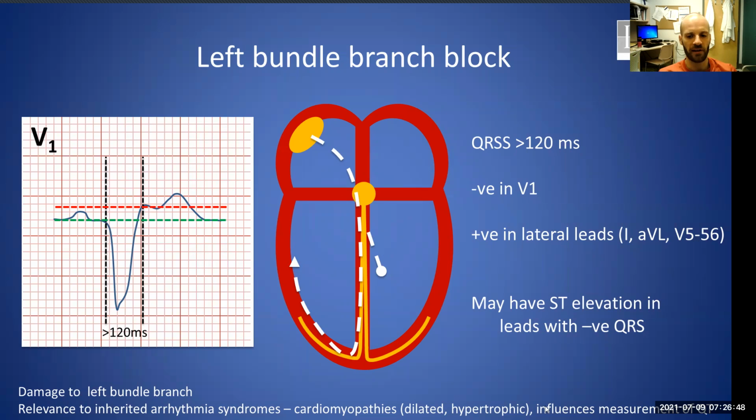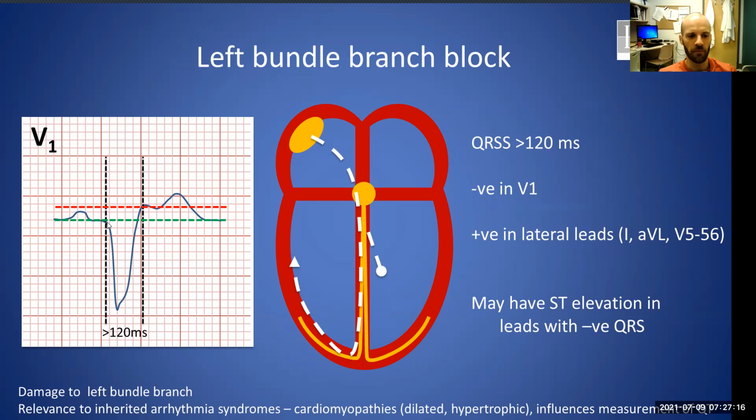What does it look like on a 12-lead ECG? Oh, sorry. First of all, I ought to mention the relevance to inherited arrhythmia syndromes. So various cardiomyopathies, such as dilated cardiomyopathies or hypertrophic cardiomyopathies, can give you a left bundle branch block pattern, because the scarring that occurs with these disease states can influence the conducting system of the heart. But also, crucially, we're very interested in things like long QT, in measurement of the QT interval.